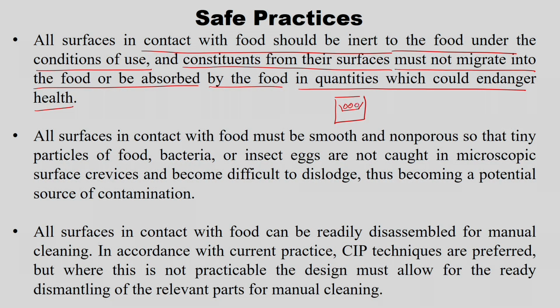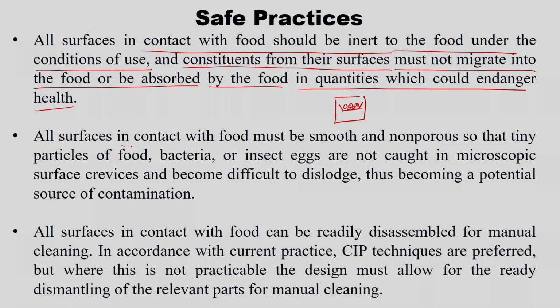In that tray your food materials are kept. So these surfaces should not react with the food material. For example, some component in the food material may react with the material used in the tray. If there is any reaction between the food and the surface where the food particles are kept for drying, or any corrosion, that further leads to component transfer between the food material and the surface.